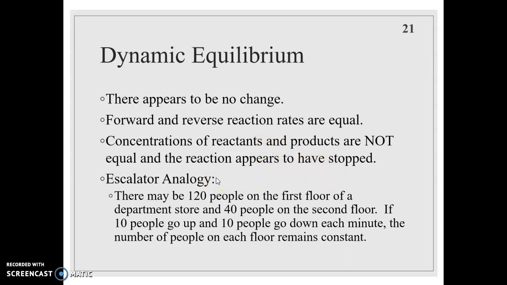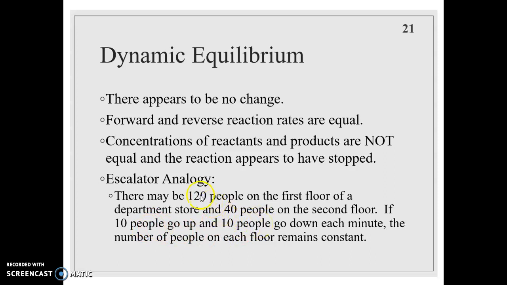Now, to give you a physical analogy: say there's a department store or a mall, and an escalator connects the first floor and the second floor. People can ride up the escalator and down the escalator. Let's say there are 120 people on the bottom floor and 40 people on the second floor. If you sit there and watch the escalator, maybe each minute 10 people go up and 10 people go down.